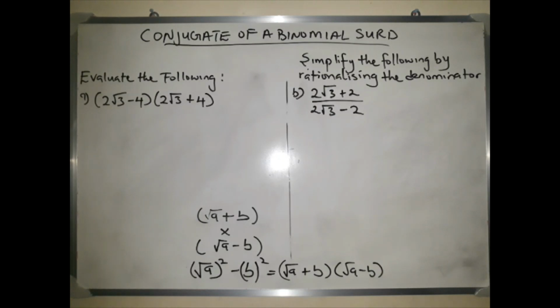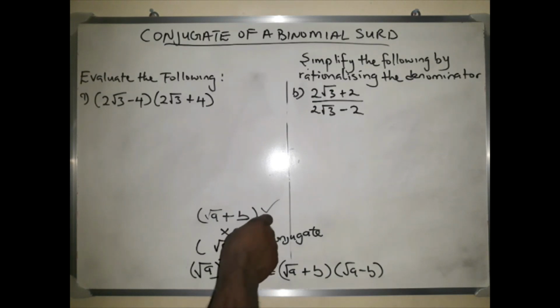Okay, now let's go on. The number by which you are multiplying the given number, this was the first number that was given to you and now you want to rationalize it, so you multiply it with this. Now this number you're multiplying it with is known as the conjugate of the first expression.